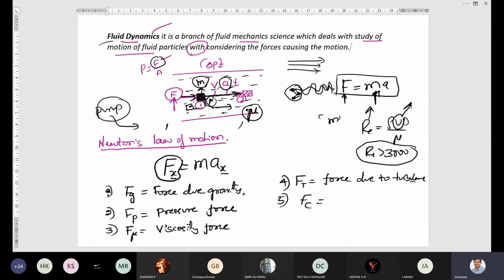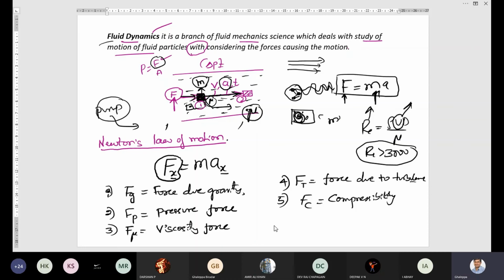If the fluid is compressing, assume these are the fluid particles, which have the property of compressibility, all the fluid particles will try to come close to each other. So due to that compressive property, some kind of force will be developed, that is the compressibility force. So these are the 5 types of force which act on a particular fluid particle, my dear students.